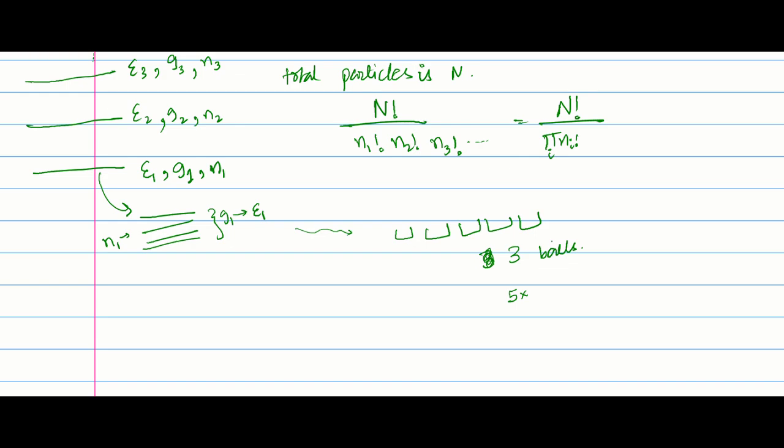Ball one can be placed in five ways. Ball two can again be placed in five ways, and ball three can also be placed in five ways. So it's 5 cubed. Similarly, the number of ways these n1 particles can be divided is g1 to the power n1.